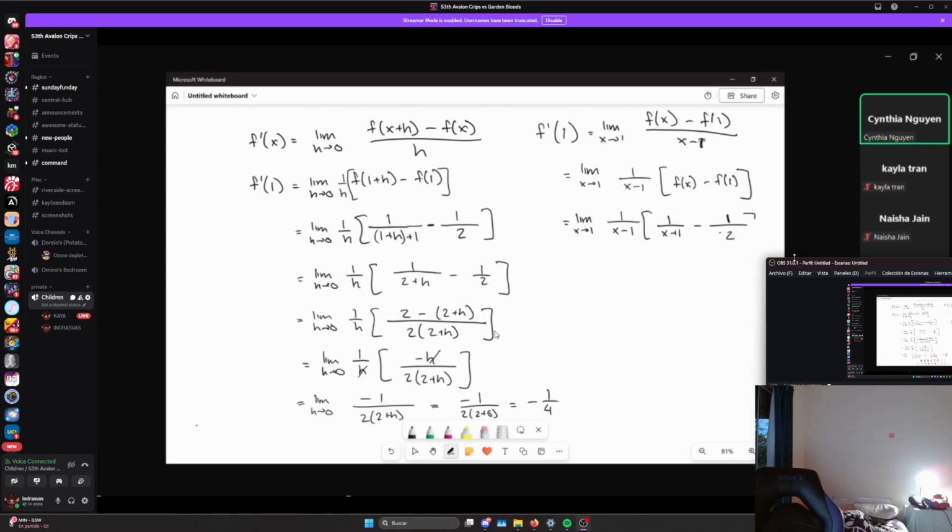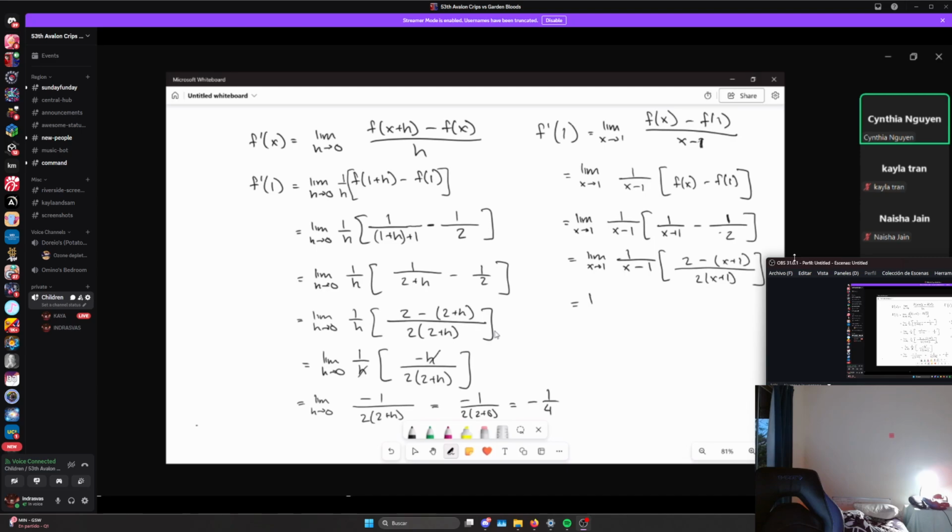Okay, so from here, common denominator. Really, the whole story of how this definition works is it's a lot of common denominator. So, yeah, 2 minus x plus 1. And then you have 2 times x plus 1 down here.